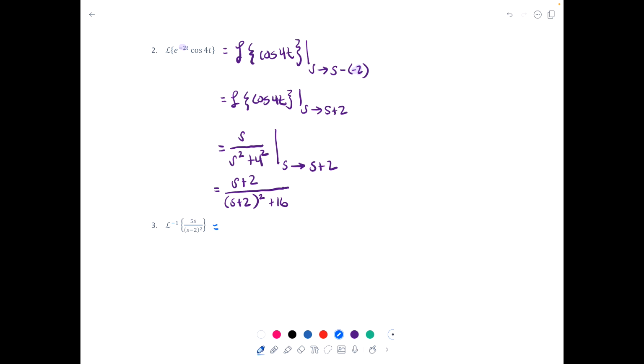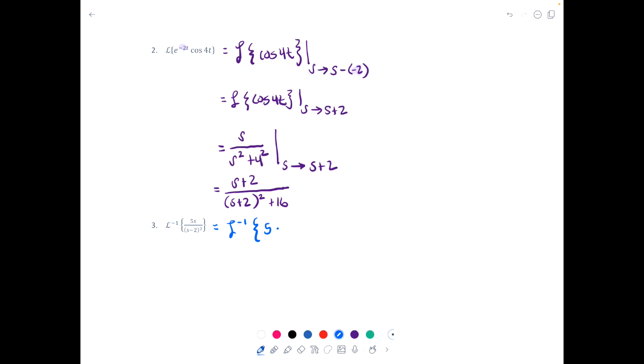We'll do some algebra so we can switch this around somewhat and go from there. So this is going to equal the Laplace inverse of, we can bring the 5 out, right? And that's 5 times.